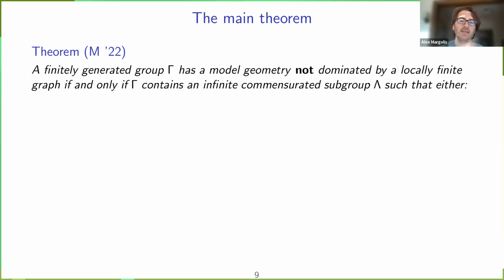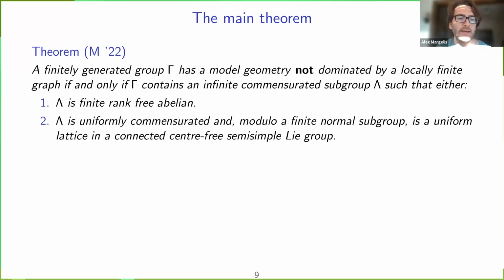Gamma contains an infinite commensurated subgroup lambda, such that one of the following two things holds. First, lambda is a finite rank free abelian group. There are no extra conditions. And the second condition is lambda is a uniformly commensurated subgroup and is a lattice in a connected center-free semisimple Lie group, modulo possibly quotienting out by some finite kernel.